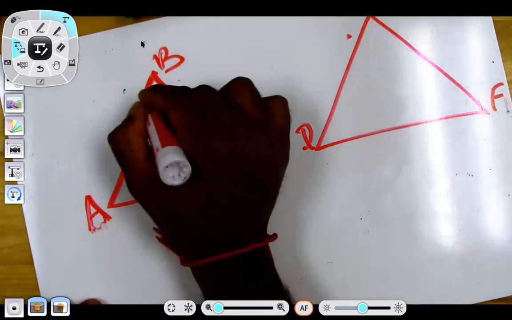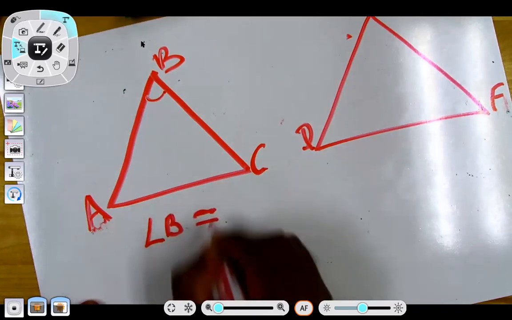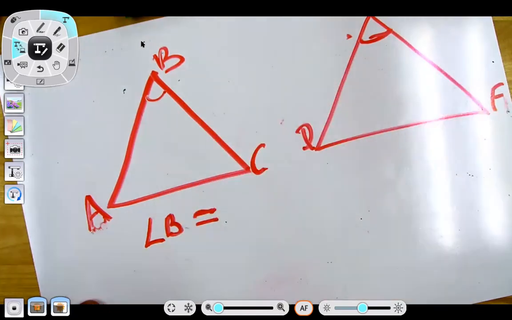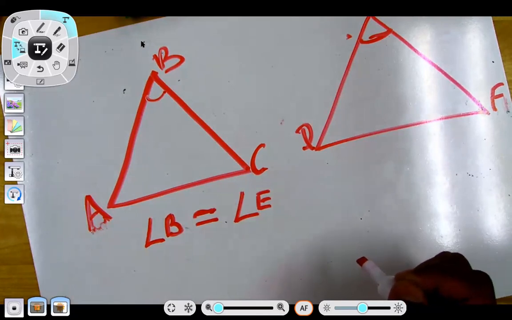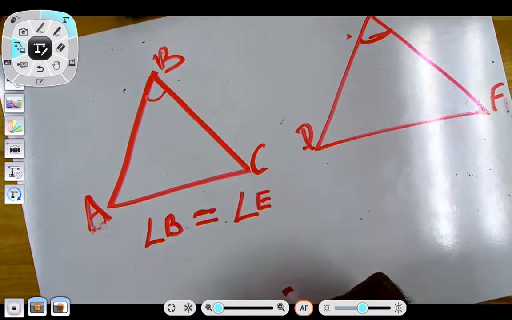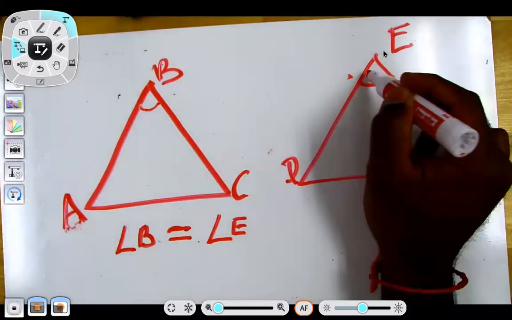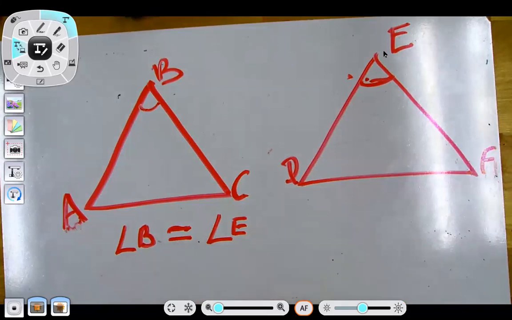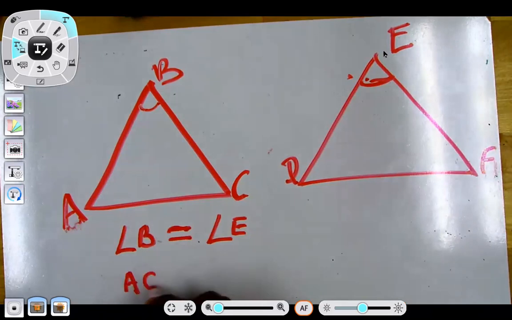So this is the angle B. So angle B is equal to angle E, like we said. You can see angle B is congruent to angle E. They ask, what is the line segment congruent to or equal to line AC?